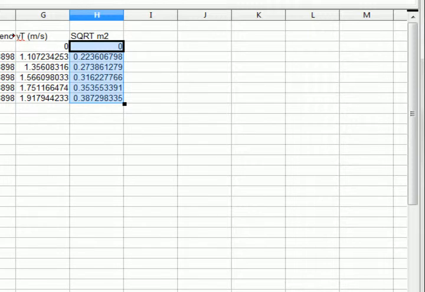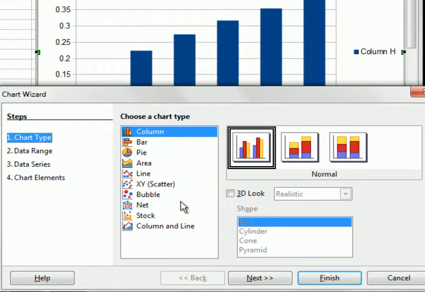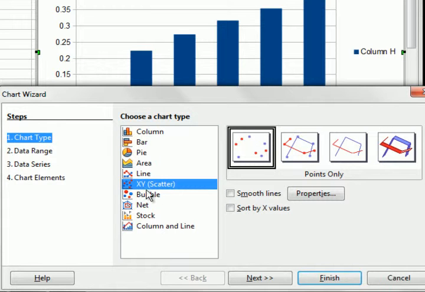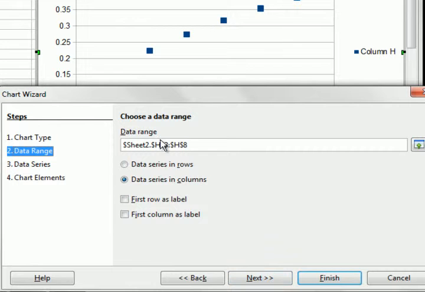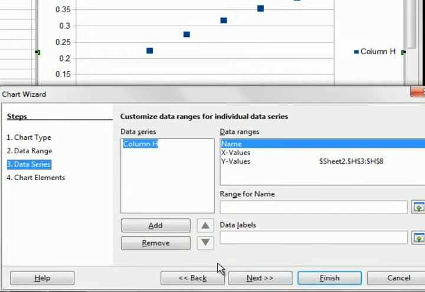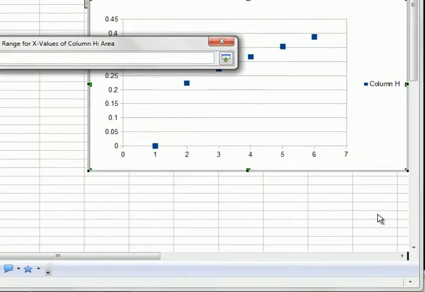Now I'm going to create another chart, just like I would have otherwise. And chart type once again is XY scatter. Good here. Next. And as we just learned a moment ago, this isn't going to be very helpful for us. So we're going to move over right here to data series. Find X values. Put this box to allow us to enter X values.